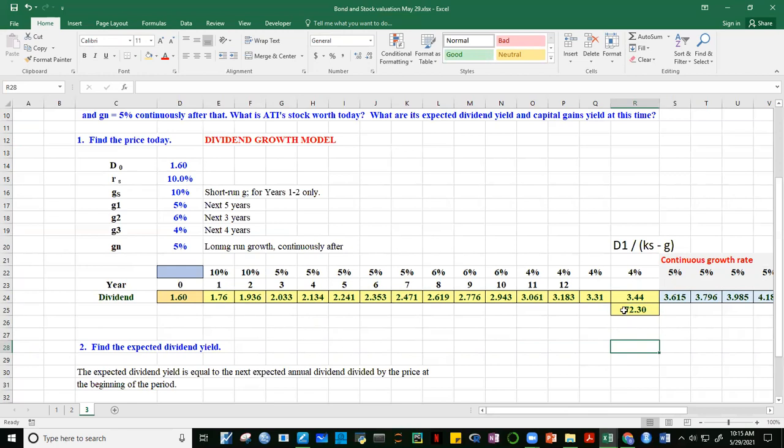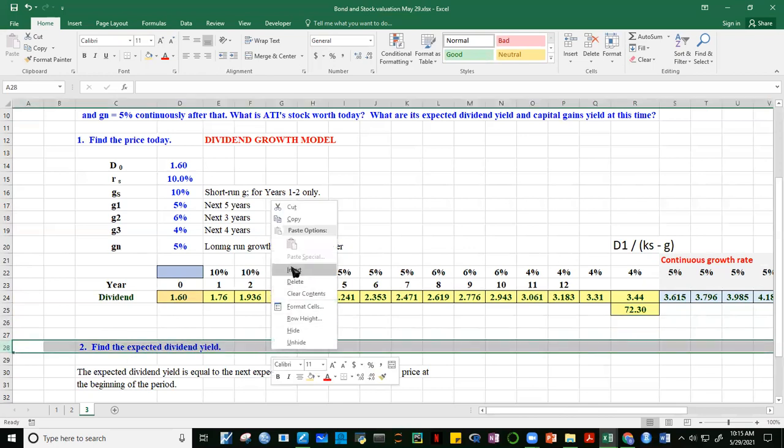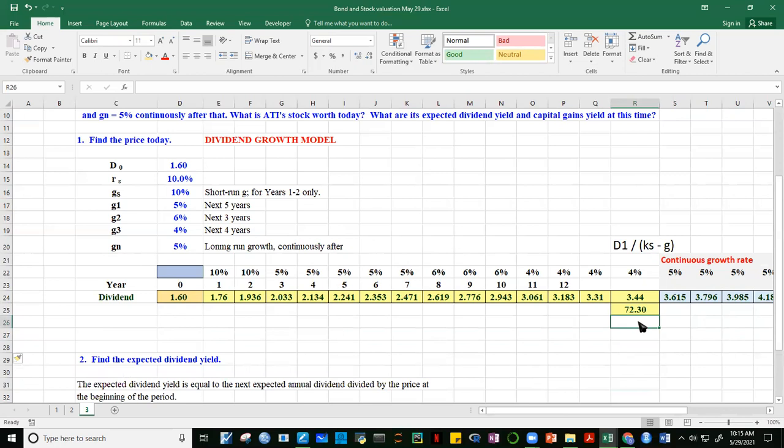So how do we now get the price of the stock? Well, let's get the present values. Let me insert here, so we can just add this sum.